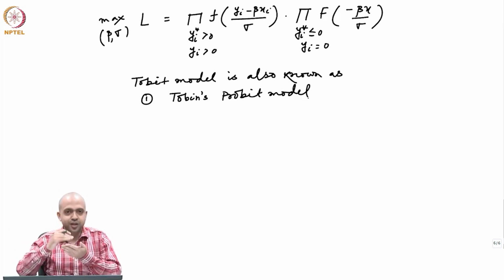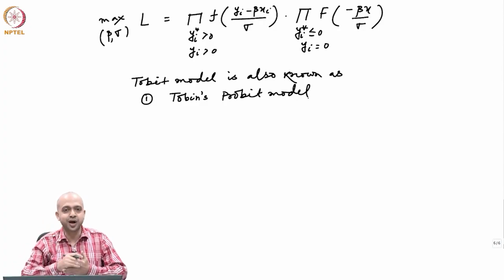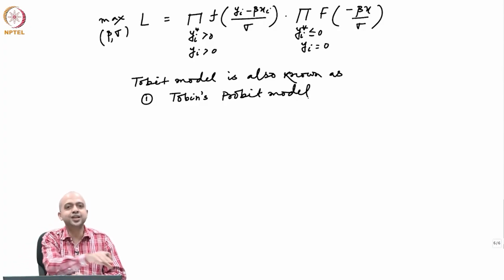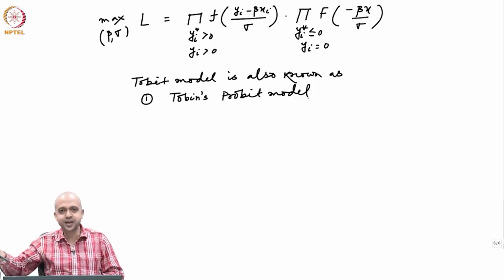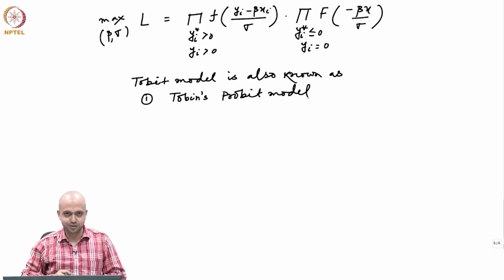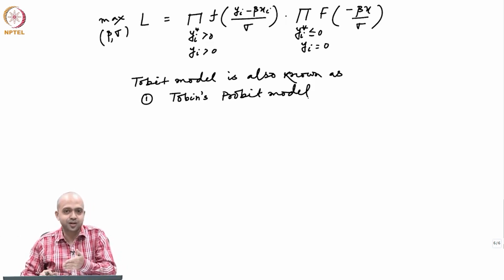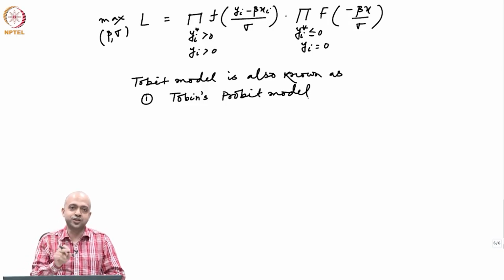In the first step, the individual is deciding whether to buy a car or not, which is exactly like the Probit model, the probability of buying a car. If I pass the first stage, that is, probability of yi equals 1, then in the next stage the question is how much I will spend, what would be my expenditure. That is why, since the Probit model is inbuilt in the Tobit model as a first stage, the Tobit model is known as Tobin's Probit model, right?